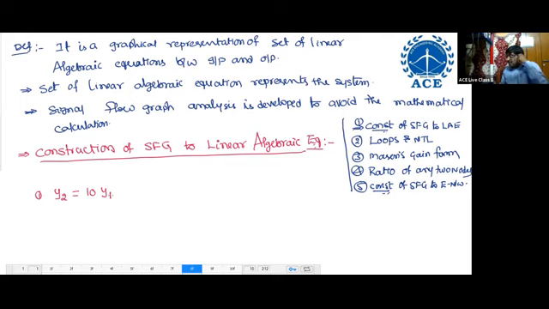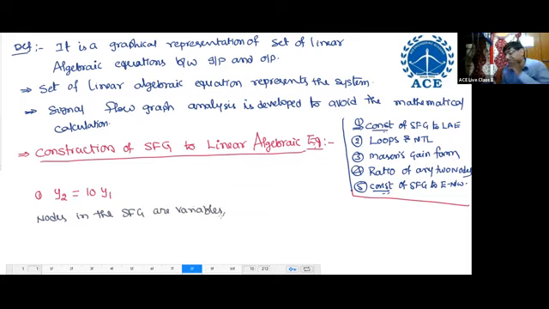What are these y1, y2, y3, y4 nodes we use to represent in the signal flow graphs? What are the nodes in the signal flow graphs? Nodes in the SFG are variables.